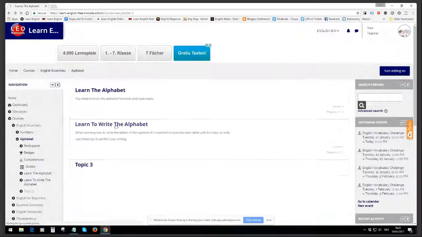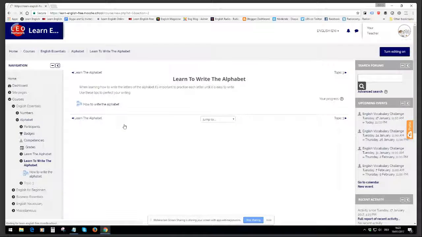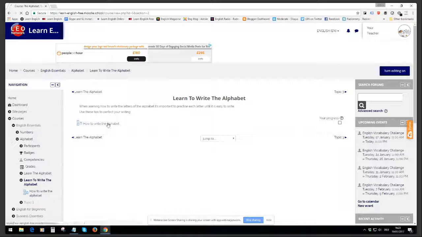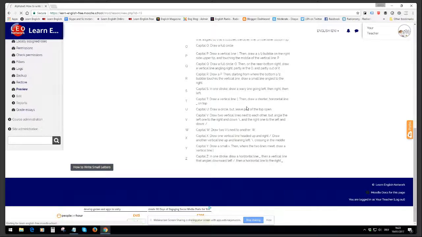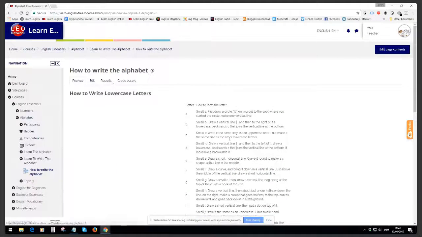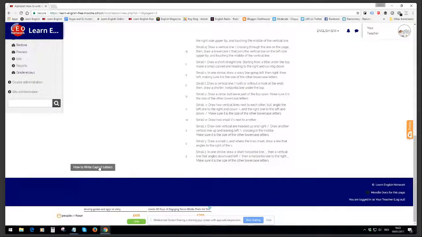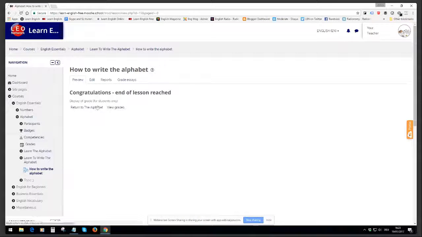Okay. Now, writing the alphabet, it is important. You need to know how to write it. And how to write it capital and lowercase, the different cases, uppercase and lowercase.